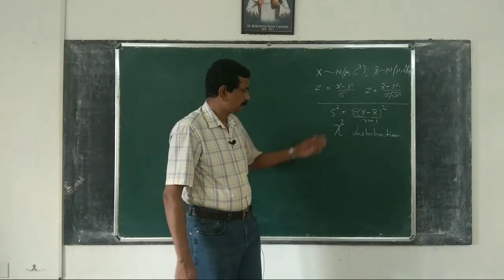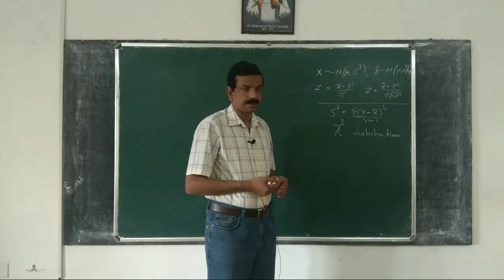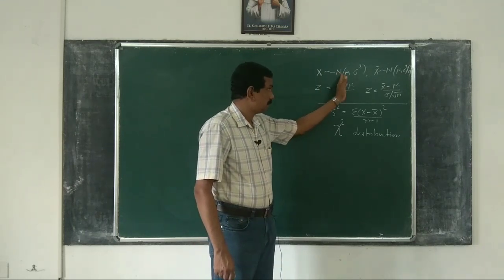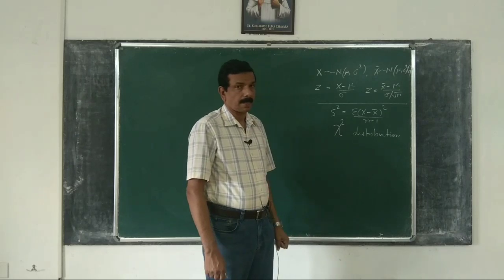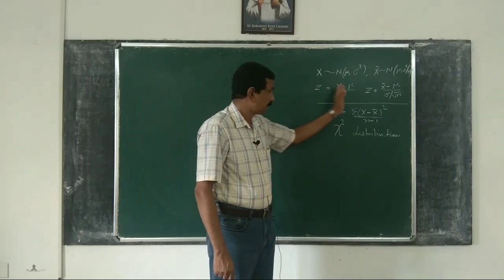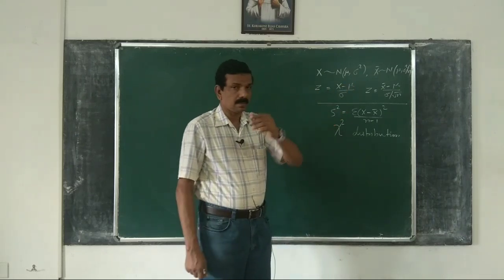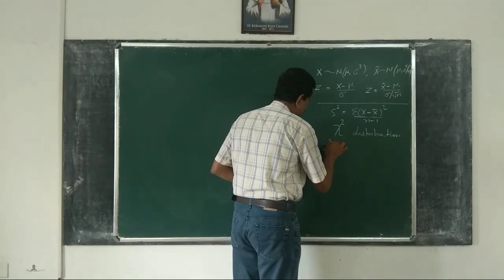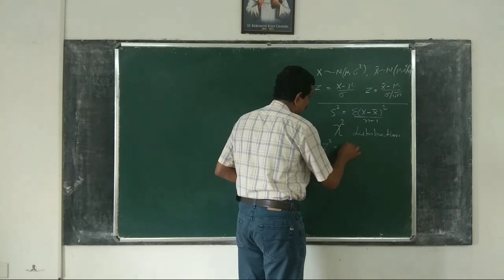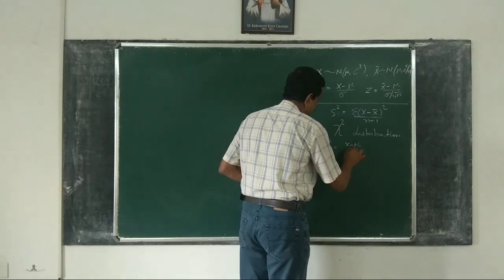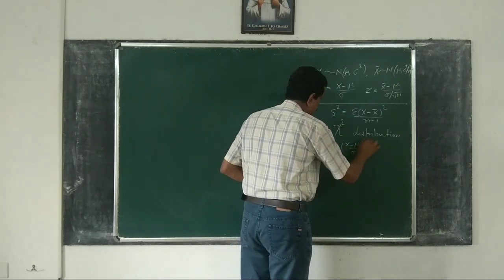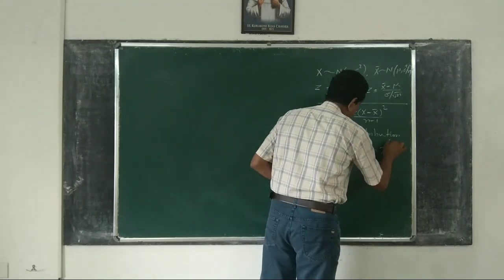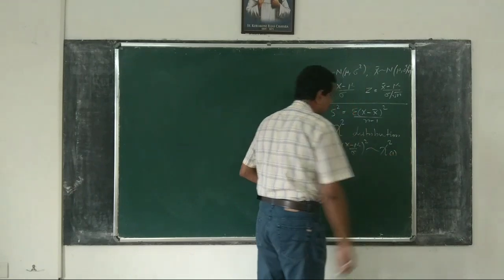Now, let us see what is a chi-square distribution. If x is normal with the mean mu and variance sigma square, Z is standard normal with the mean 0 and variance 1, then Z square, which is x minus mu by sigma the whole square, follows chi-square with 1 degree of freedom.